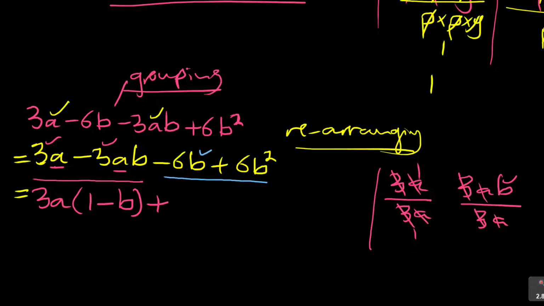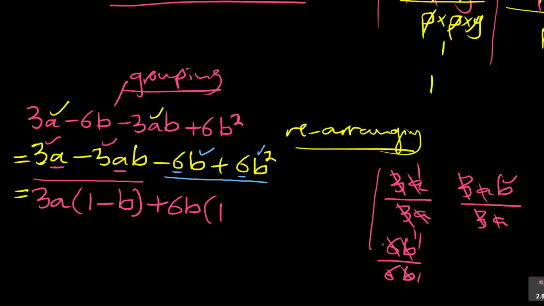Forget about the signs. Put a positive and ask yourself, what is common in the next 2? You can see there is b and b squared, so b is common, but also 6 and 6. So we are going to take out 6b. But when you're taking out 6b, we are dividing. So the first one is 6b over 6b. The 6 cancel, the b cancel, 1 over 1, bracket, you always put a bracket.